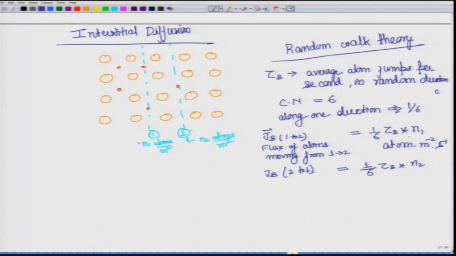So, fewer atoms are going from 2 to 1 and more atoms are going from 1 to 2, and therefore, there will be a net movement of atoms from 1 to 2, which can be represented as Jb equal to Jb 1 to 2 minus Jb 2 to 1, which is equal to 1 by 6.